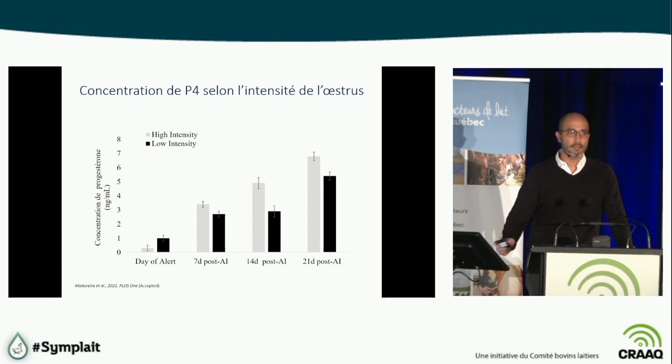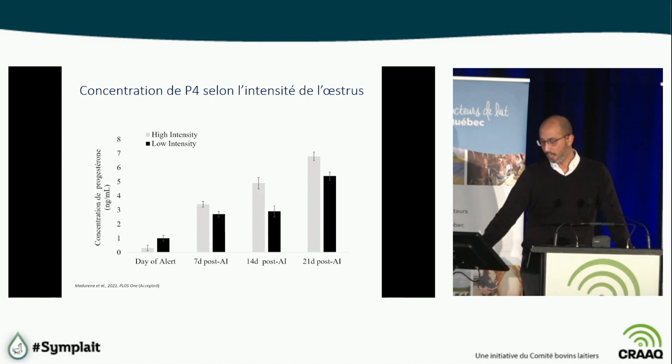This is the basis for any of you that have already tested double prostaglandin in some of your protocols. The idea behind this double prostaglandin shot was exactly to lower this progesterone level at the day of AI, which tends to be very beneficial to fertility.